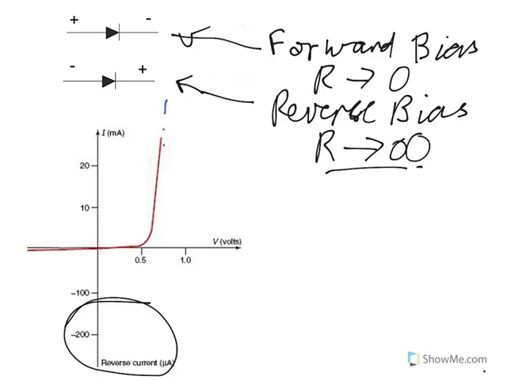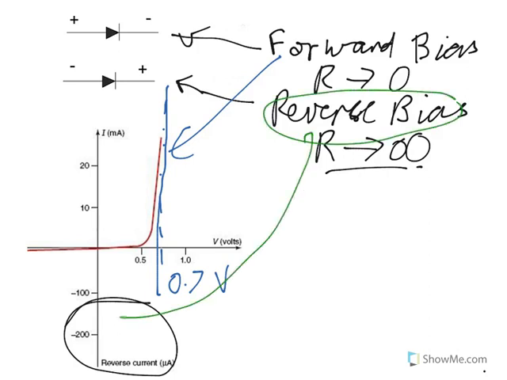We then have very low resistance, here at about 0.7 volts. So after 0.7 volts, boom, very low resistance. The notes just talk about the curve: in the forward bias, the top part, very low resistance, so forward bias is that part here, and the reverse bias is this part down here.